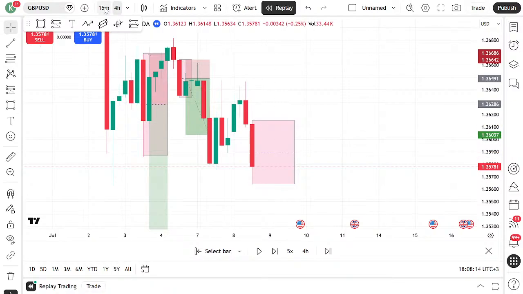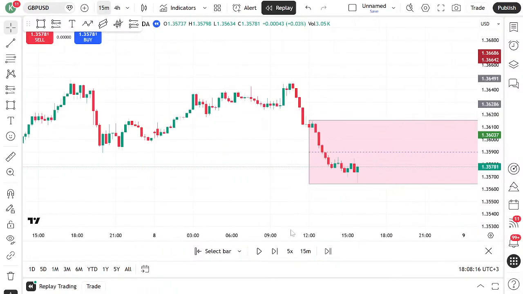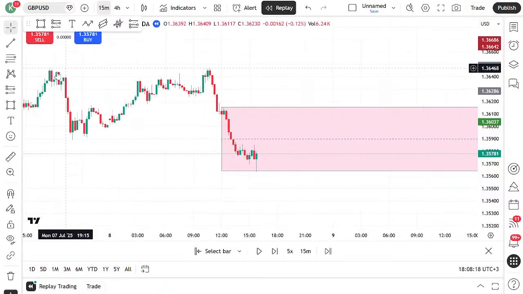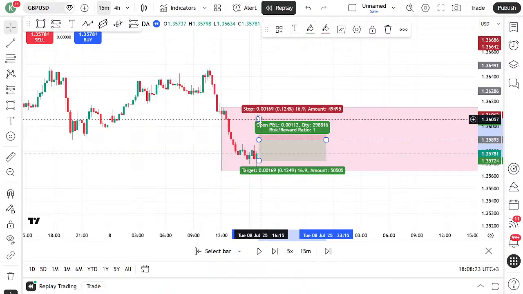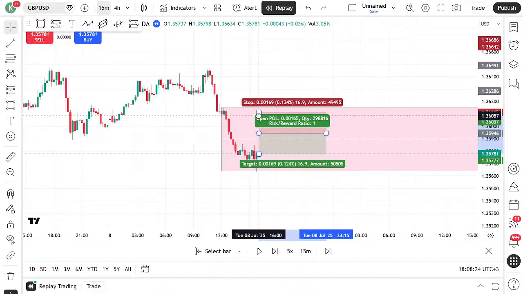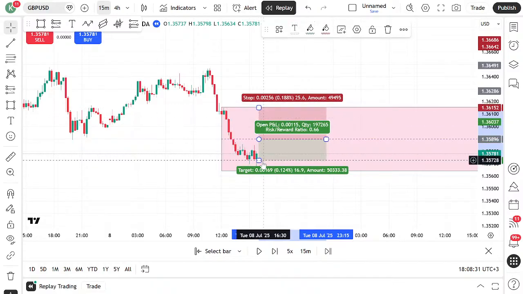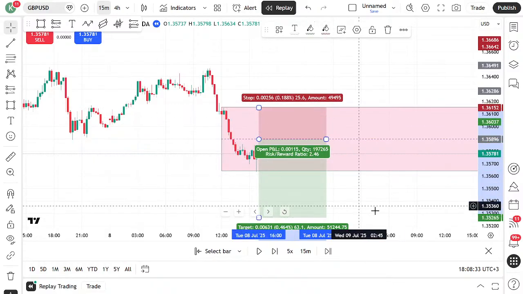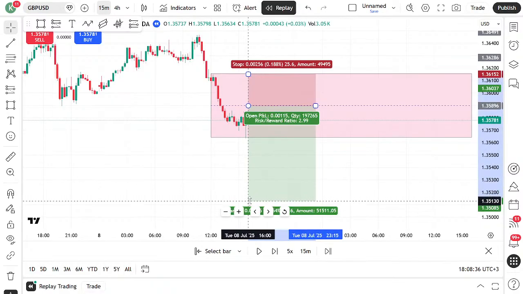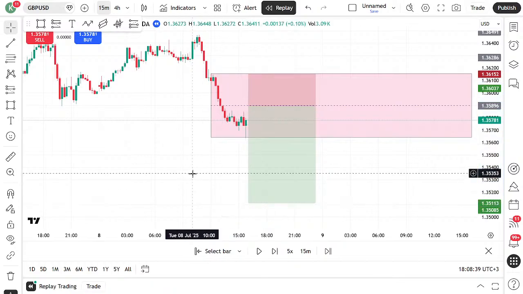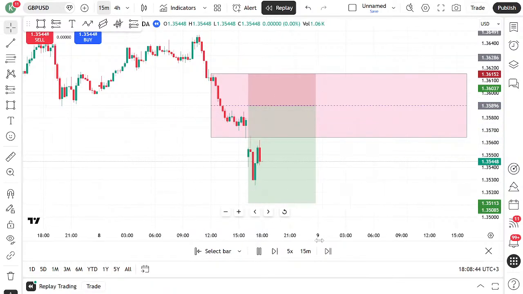So next we drop down to the 15-minute time frame and look for sell entries since it closed bearish. Look for sell entries here at the midline. So you put a sell limit and then target a 1:3. Let's see how this one would have played out.